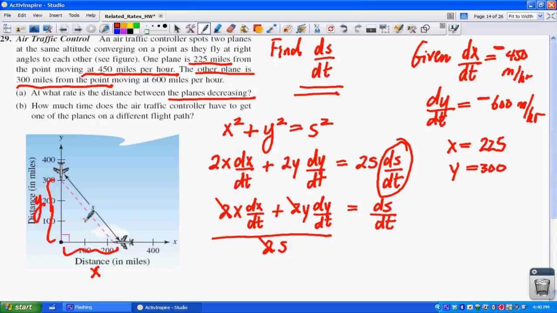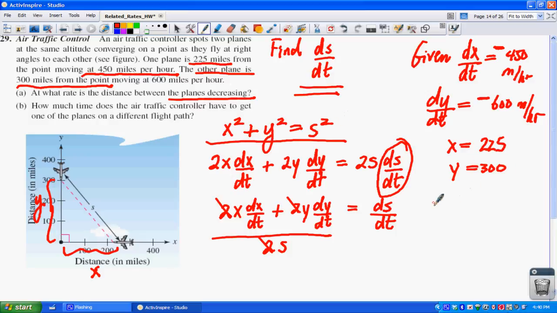So we have to find s when x is 225 and when y is 300. Then this becomes a Pythagorean theorem problem. So here we're going to use this guy now. We're putting in 225 here plus 300 here equals s squared.